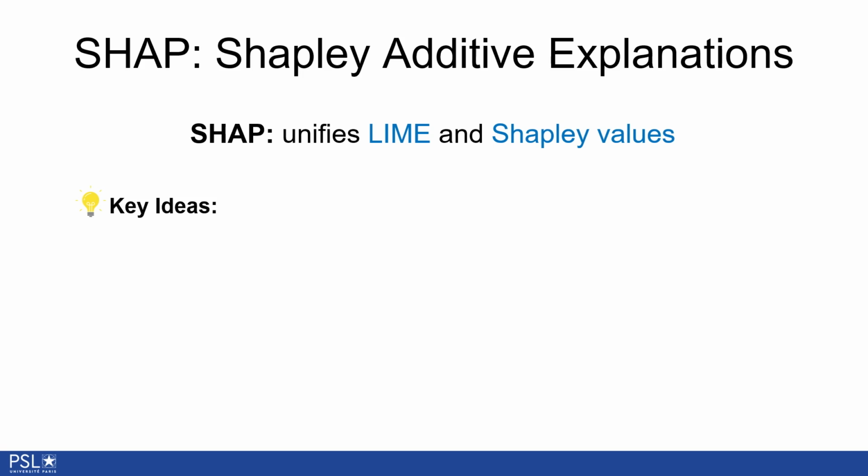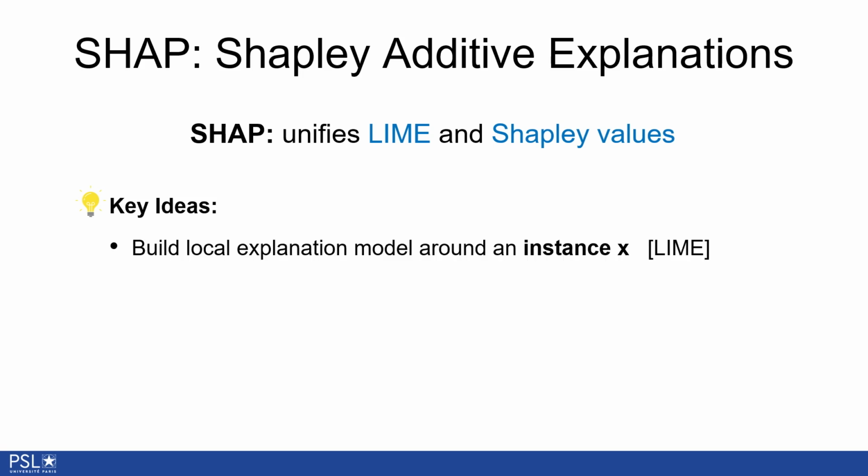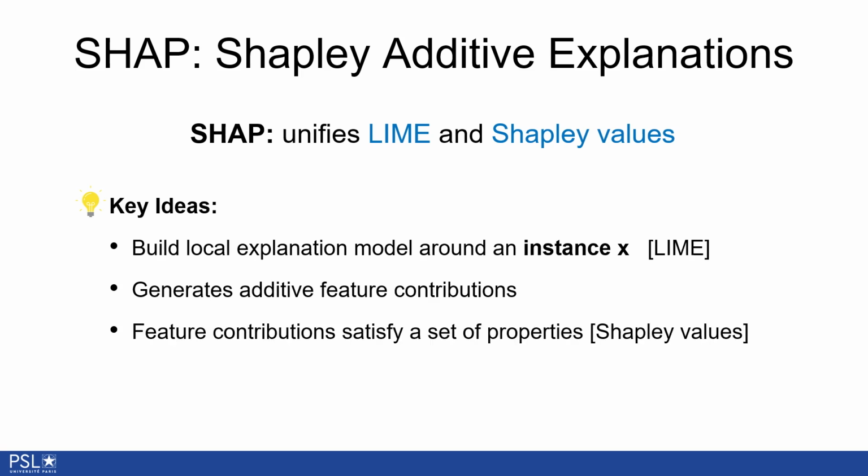The first one is that SHAP builds a local explanation model of a black box model around an instance X, and this is very similar to the approach introduced with Lime. The second idea is that this local explanation model generates additive feature contributions. Finally, these feature contributions satisfy a set of properties which are very similar to the axioms for Shapley values.